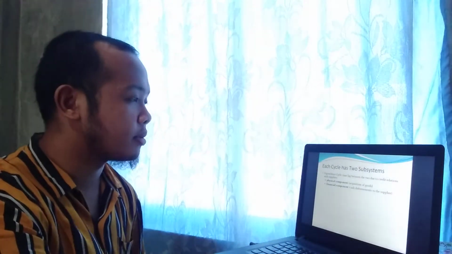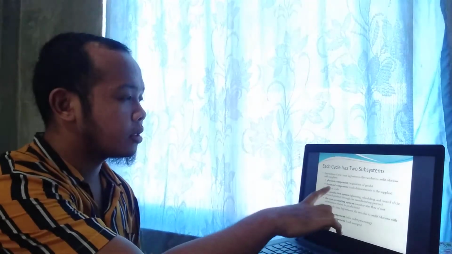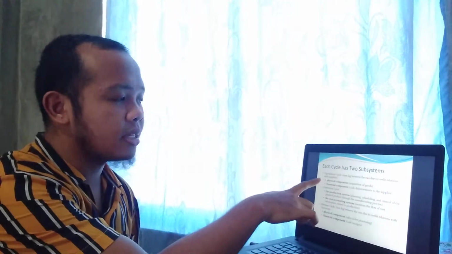Next, each cycle has two subsystems. In the expenditure cycle, there is a time lag between the two due to credit relations with suppliers. So, two subsystems, physical and financial. Physical is the acquisition of goods, financial is the cash disbursement.